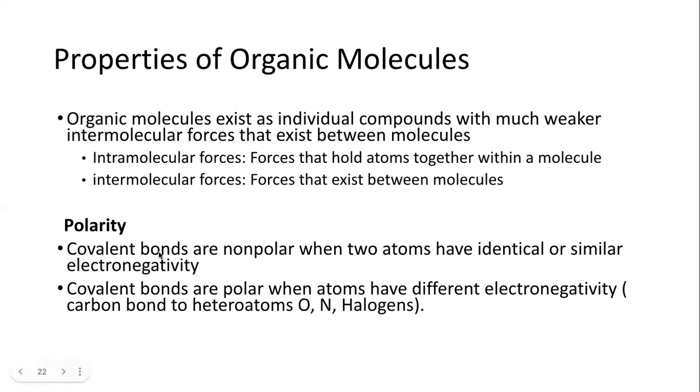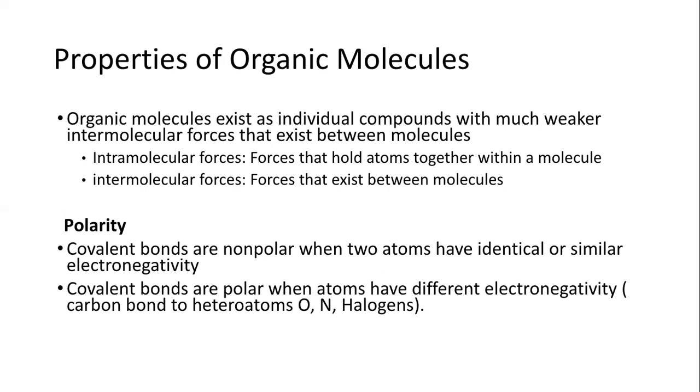One characteristic which we talked about before is polarity, and that is a characteristic that can influence some intermolecular forces in between molecules. Covalent bonds are nonpolar when two atoms have identical or similar electronegativity, and covalent bonds are polar when atoms have different electronegativity.